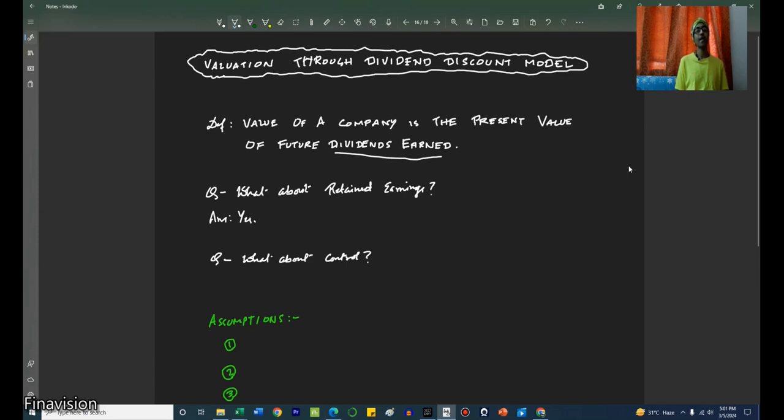Control means if we have the ability to take decisions alongside the management or play the management itself and take decisions in the operations of the company. The dividend discount model takes a posture where there is non-controlling interest. That is, it is like a retail investor or an investor who doesn't have that much stake in the company where he or she can influence the decision makings in the company.